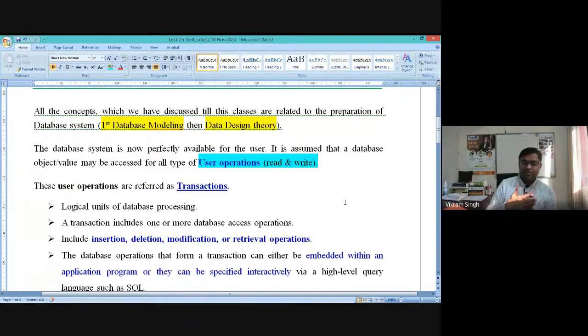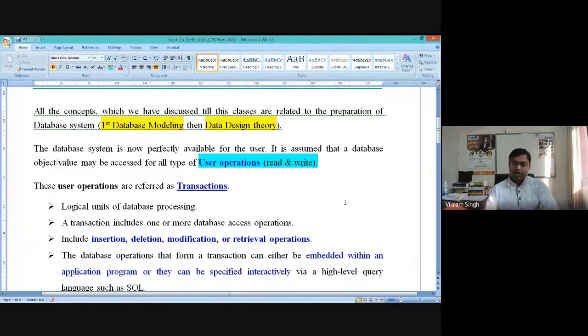These 3 different types of database users will be performing 3 different read and write operations, right? It is not that there is a specific set of write operations defined for all these 3 types of users. Each of the 3 types of users conducts different types of read operations and different types of write operations, right?